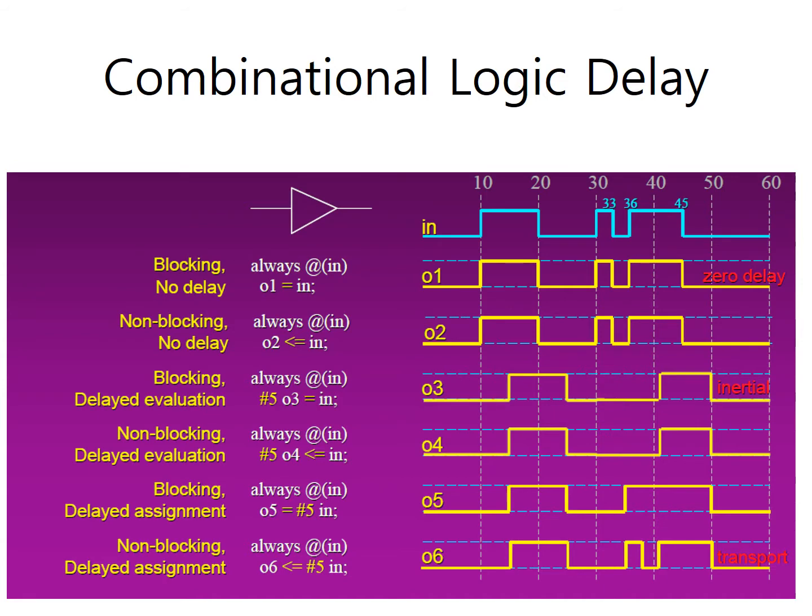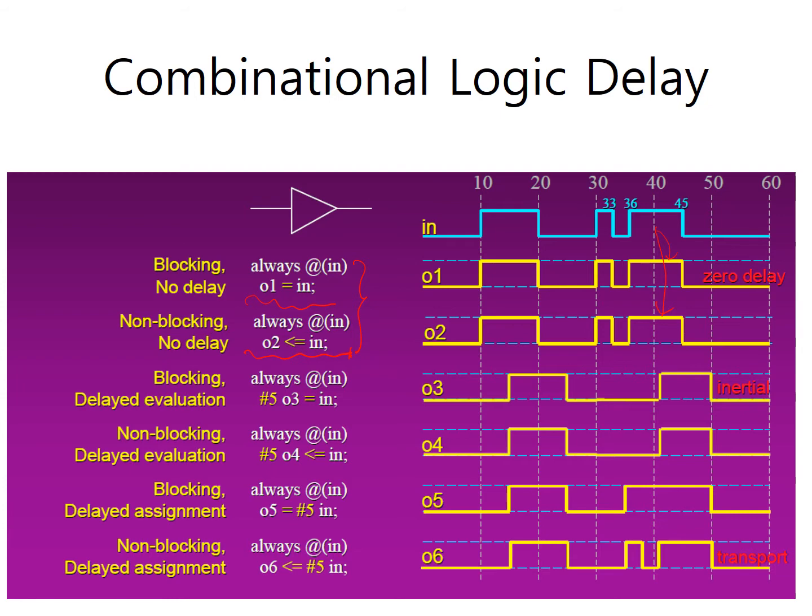We have learned that for logic definition or combinational logic implementation, there are two different assignments: blocking assignment and non-blocking assignment. For those two cases, we assume there's no delay, so the output just comes out the same as the input.